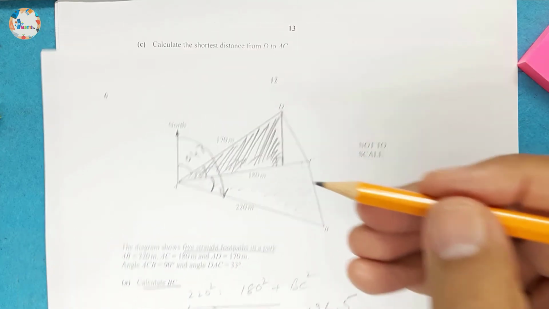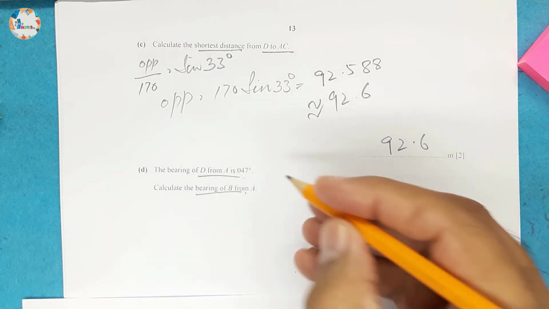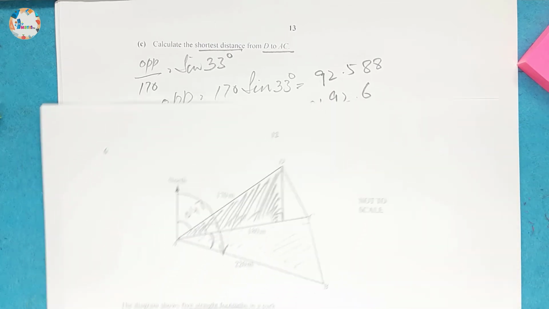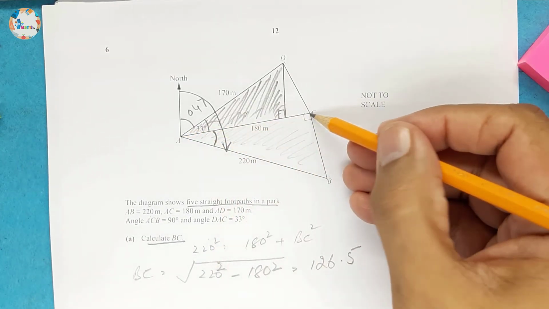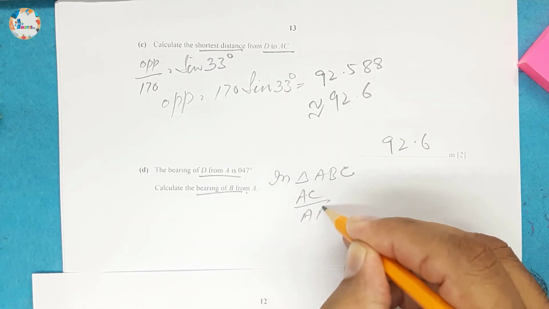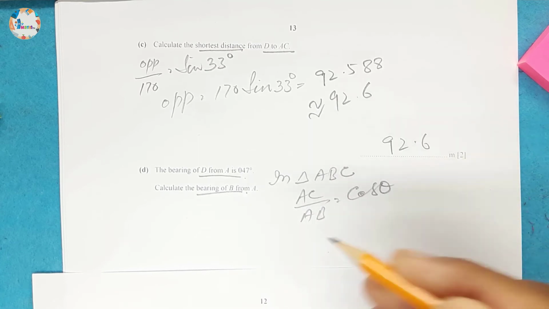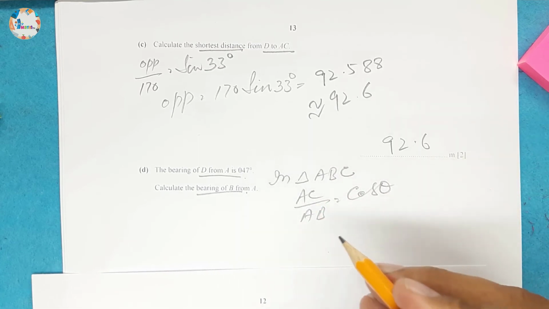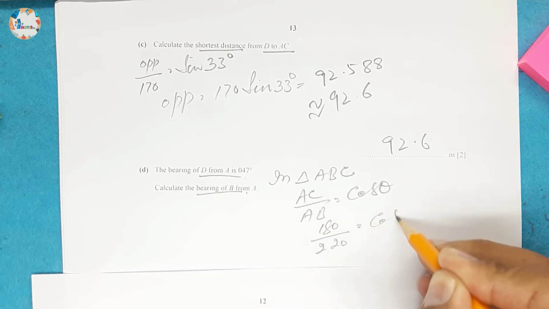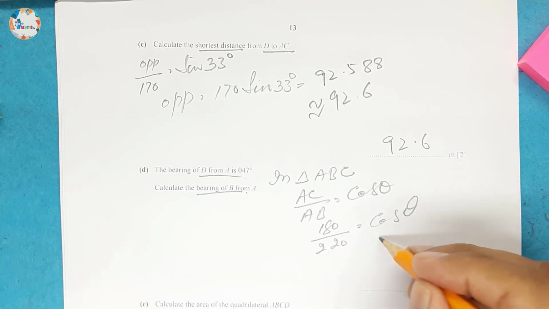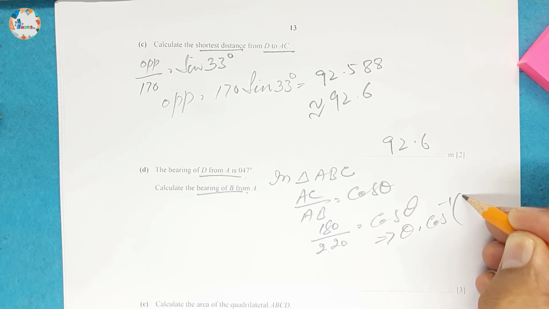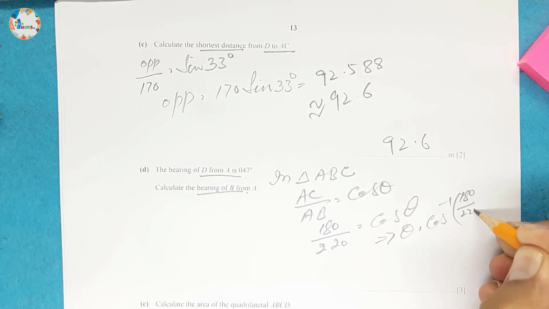So what we will do, we will write here in triangle ABC, AC over AB is equal to cos theta, and AC value is 180, so we can write 180 over 220 is equal to cos theta, and this implies theta will be equal to cos inverse of 180 over 220.